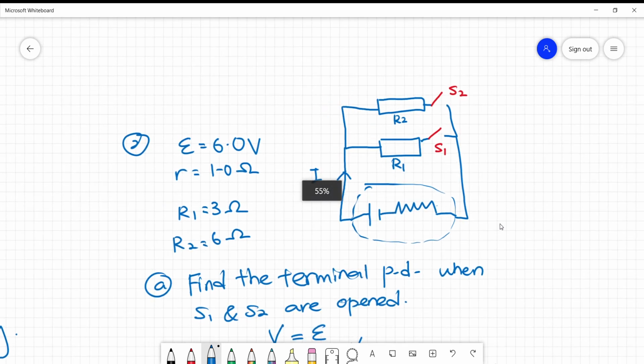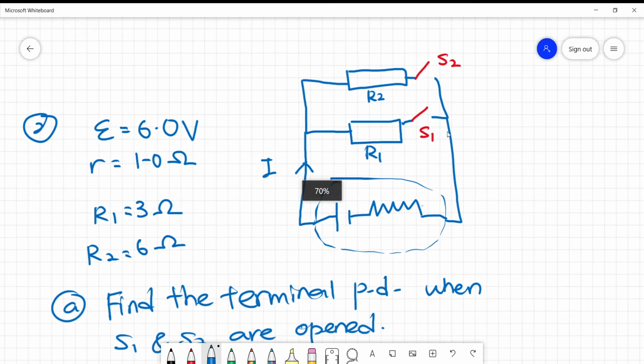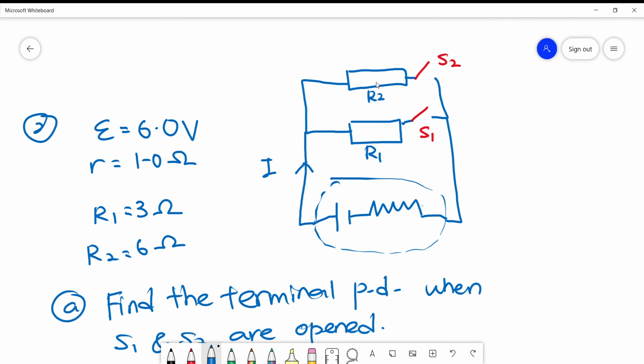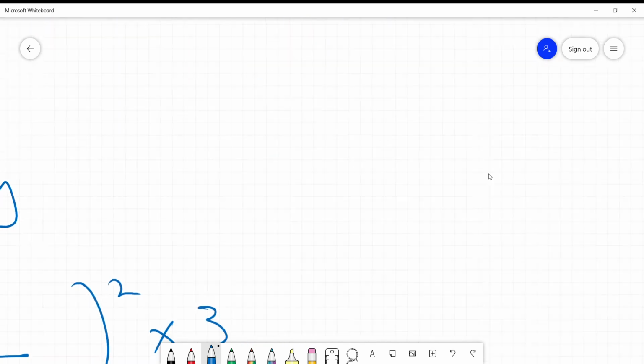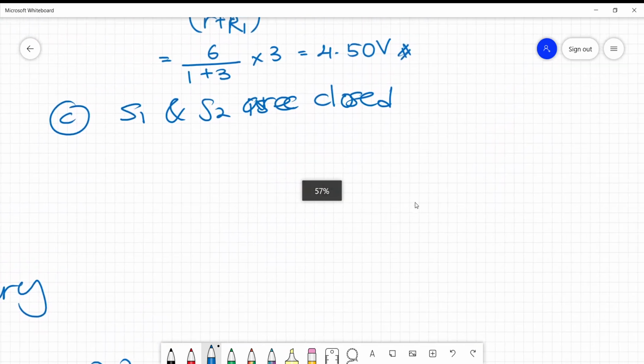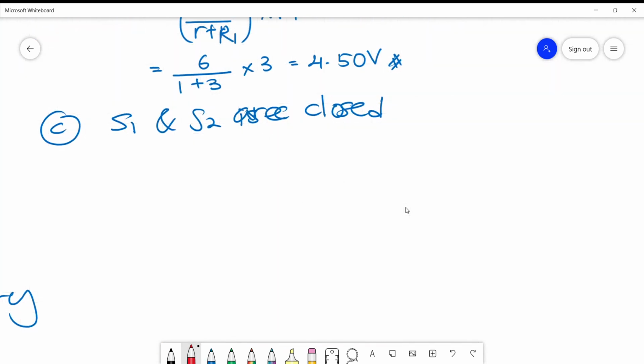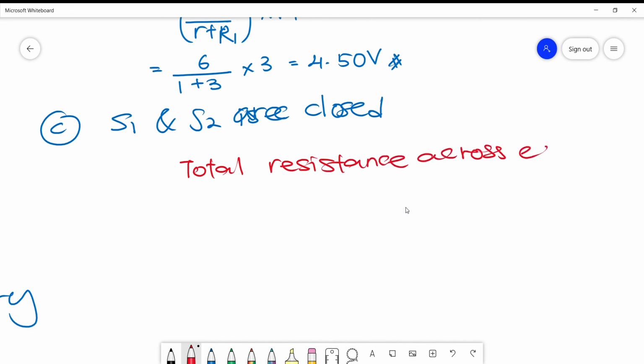In this condition, we are going to find the total resistance for the external resistors. For the first step, total resistance across the external resistor.